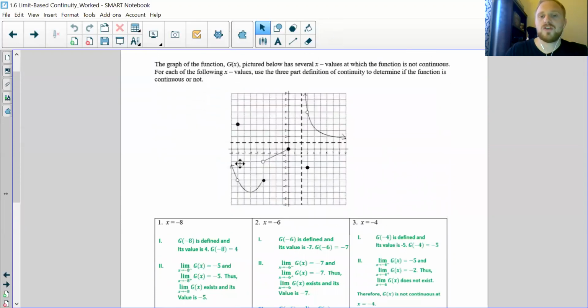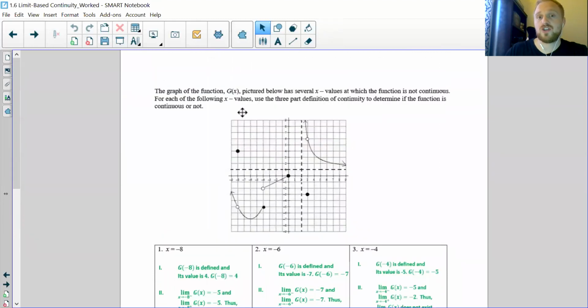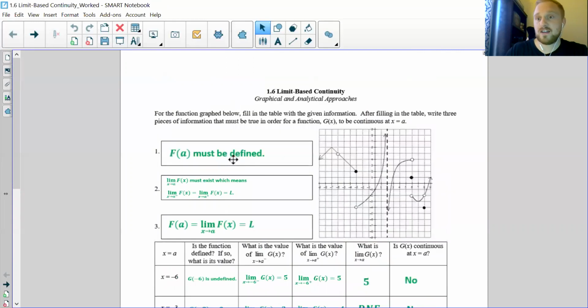Now, once you've done that, we have to prove this with the 3-part definition of continuity. The 3 parts of continuity are these up here. F of a is defined. The limit from the left and the right as x approaches a has to exist. And then f of a has to equal the limit as x approaches a.